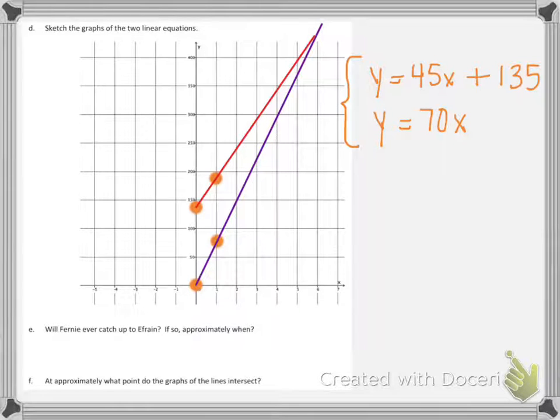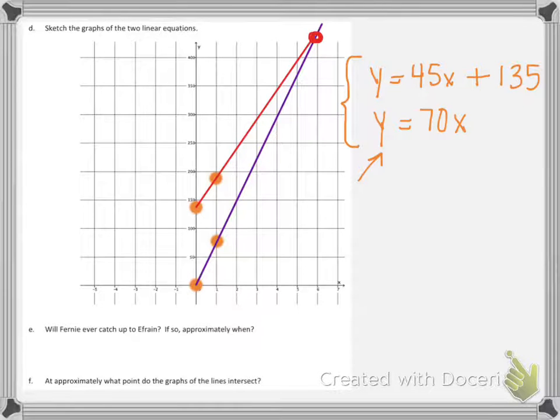The question E is, will Fernie, Fernie is the second one down here, the purple line, will Fernie ever catch up to Ephraim? Well, he does eventually, and where he catches him is right here, right where they intersect.